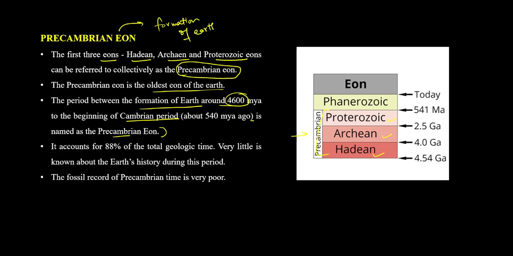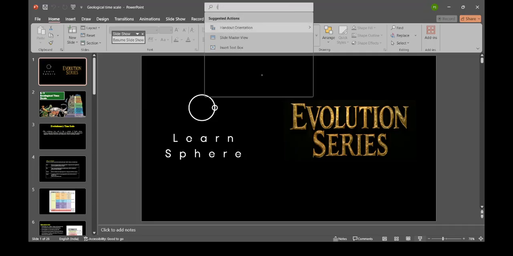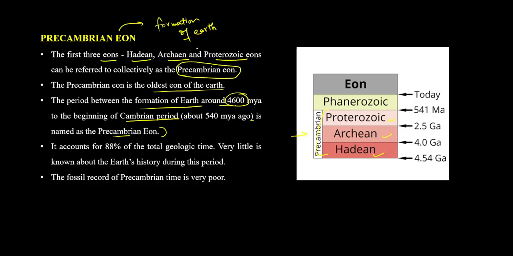So the Precambrian eon is the time period between the formation of Earth, which is 4.6 billion years ago, to the beginning of the Cambrian period.